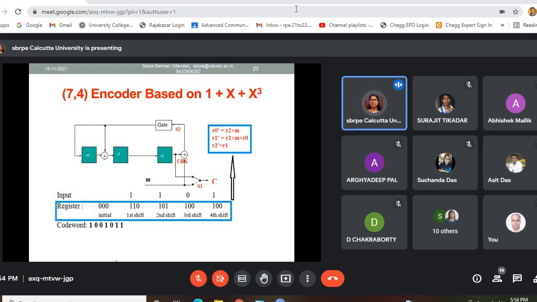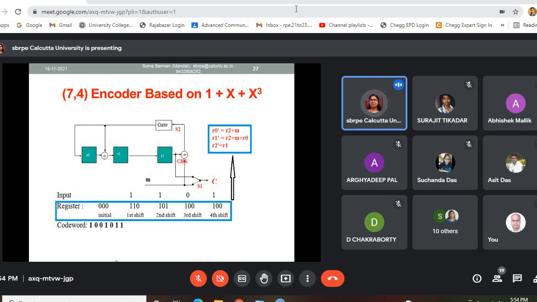Here the shift registers are R0, R1 and R2. See here, the register content is shown in the blue box. We have mentioned all the register contents are initially 0, 0, 0.